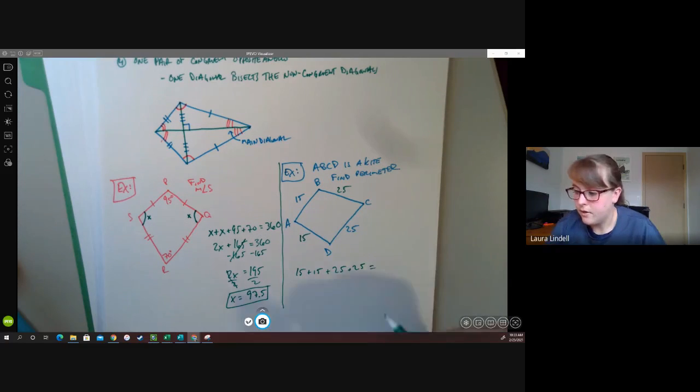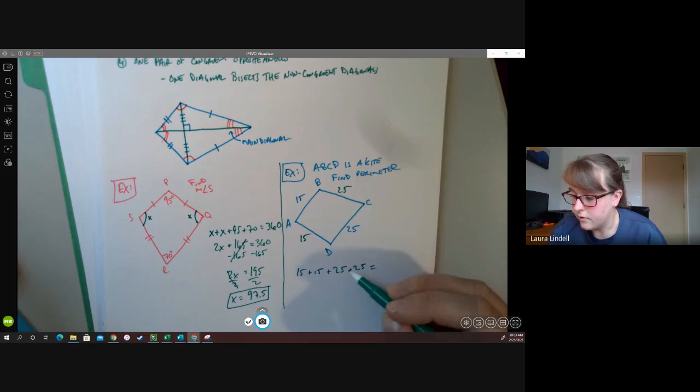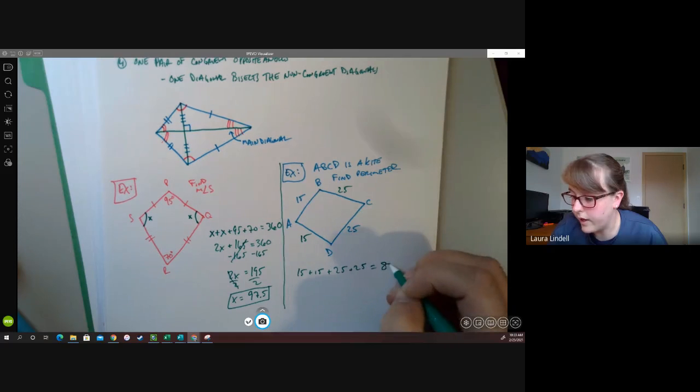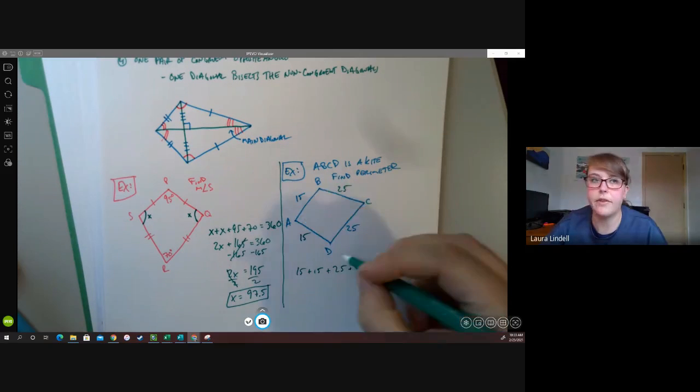But anyway, 15 and 15 is 30, plus 25 and 25 gives us a total of 80 for the whole distance around the outside.